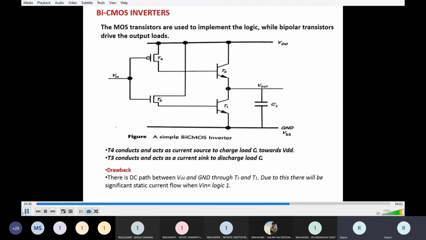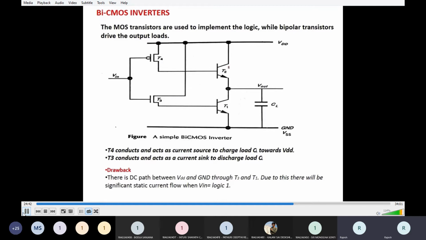The next topic is BICMOS inverters. BICMOS itself says CMOS plus Bi, which stands for bipolar junction transistor. So these inverters are a combination of both bipolar junction transistors and CMOS technology, that is PMOS and NMOS.